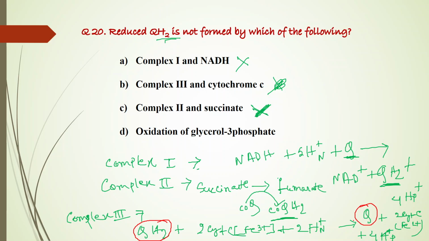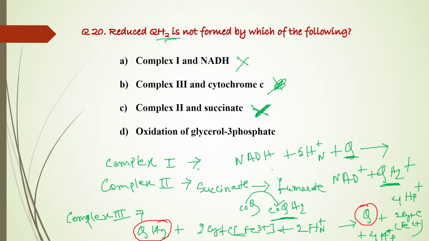If it stays in this reduced form, then after some time the chain of reactions will no longer occur. For that you need the reoxidation of this form, that happens through complex 3, where we can see the conversion of QH2 to Q.